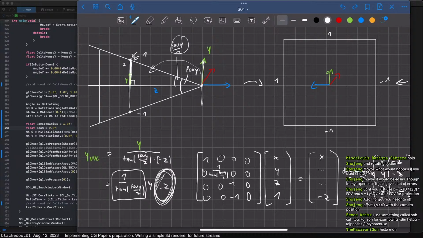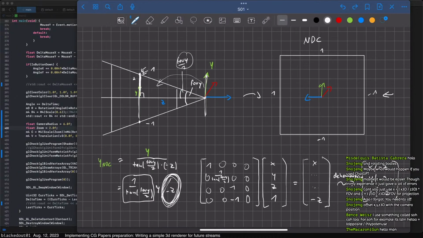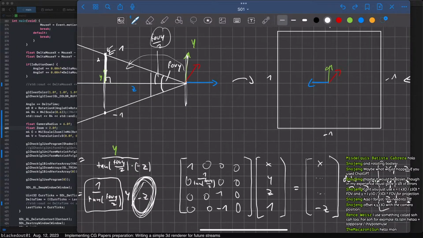So this dividing by z here is possible by putting a -1 in here. Okay. So that's the scaling for the y.